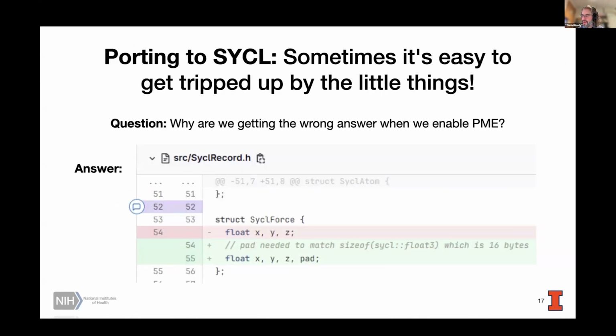So I'll leave you with a little anecdote of some of the problems we've run into, but this is both amusing and frustrating at the same time. Sometimes when you're porting codes to SYCL, it's easy to get tripped up by the little things. One question we were asking ourselves recently is why were we getting the wrong answer when we enabled PME? Well, the answer was that we were using a SYCL float3 structure that is a padded structure.